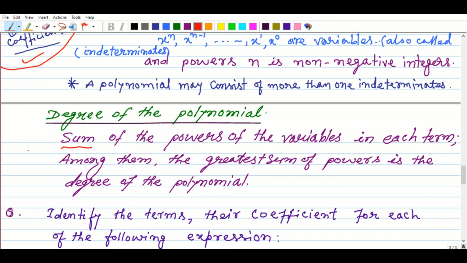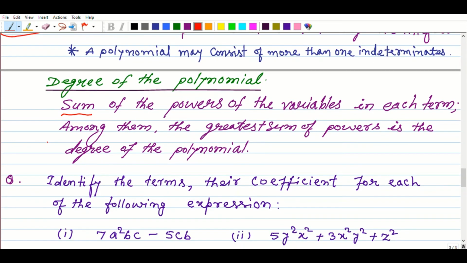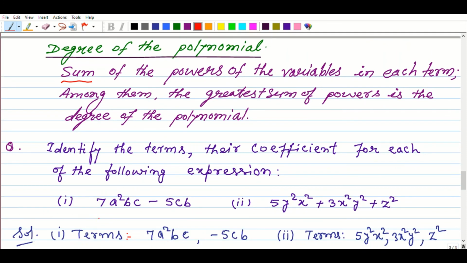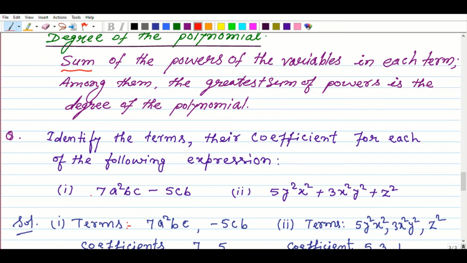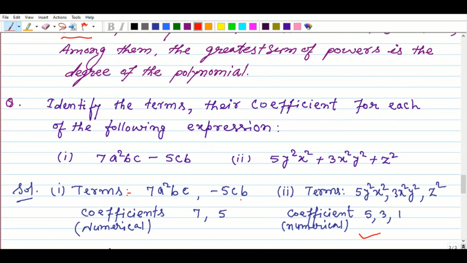It is easy after knowing the concepts. 7a square bc minus 5cb, it is a binomial, very good. Terms used here are 7a square bc, comma, minus 5cb, and the numerical coefficients are 7 and 5.